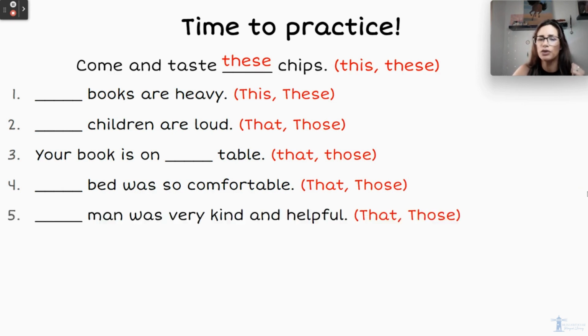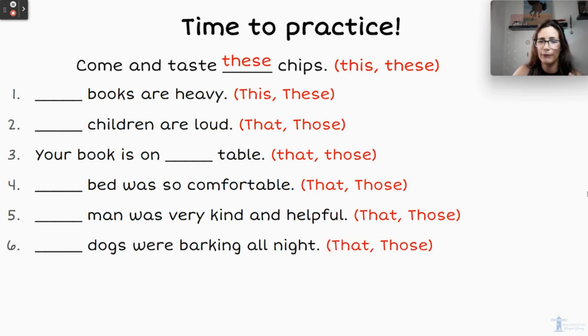That man was very kind and helpful. Those man was very kind and helpful. That dogs were barking all night. Those dogs were barking all night.